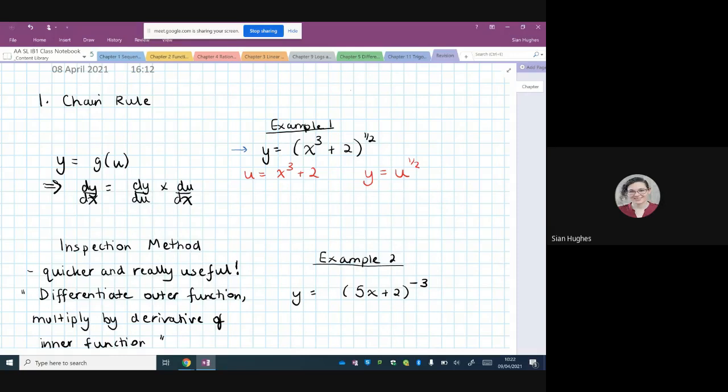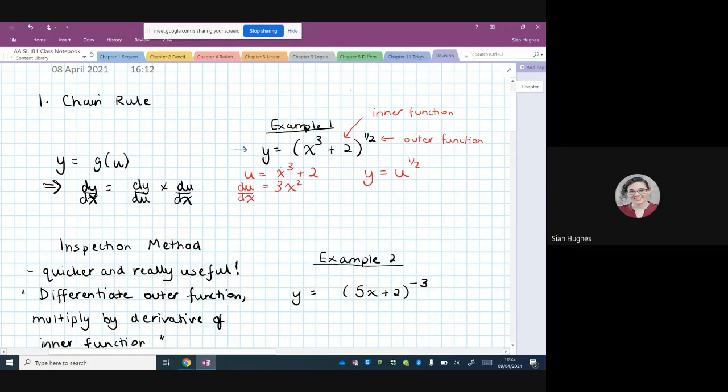We often call this one here the inner function. In a minute, you'll see me refer to that a lot more. So we would often call this the inner function and this the outer function. So the rule says that dy by dx is dy by du times du by dx. So that means if we've got u, we need to differentiate u in order to find du by dx.